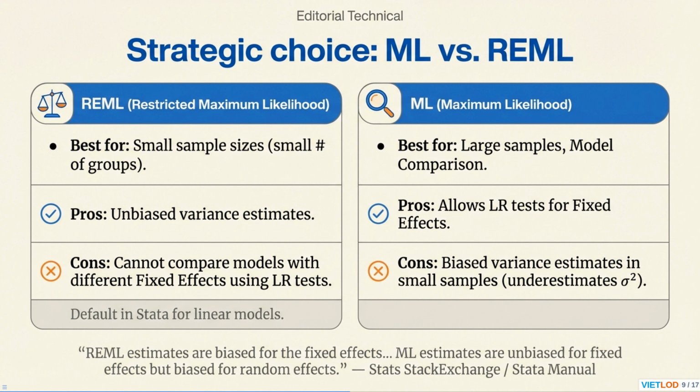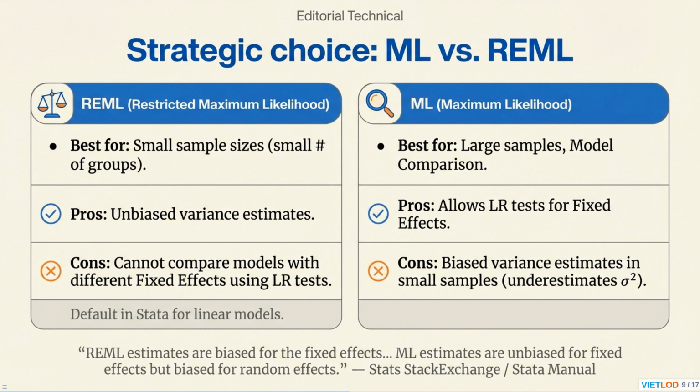When working with mixed models, a crucial decision is whether to use restricted maximum likelihood, or REML, or maximum likelihood, ML, for estimation. REML is the default in Stata for linear mixed models and is generally preferred for smaller sample sizes. Its main advantage is providing unbiased estimates of the variance components, which is vital for accurate inference about random effects.